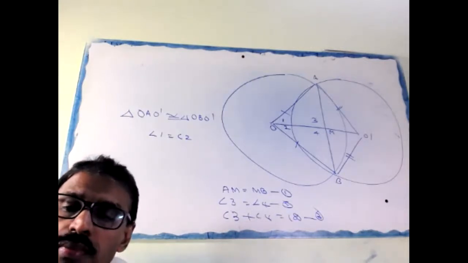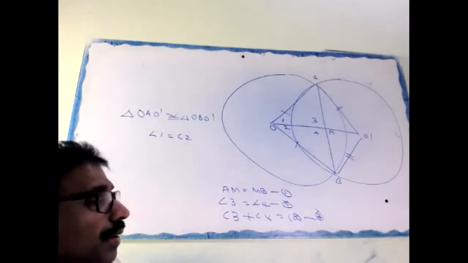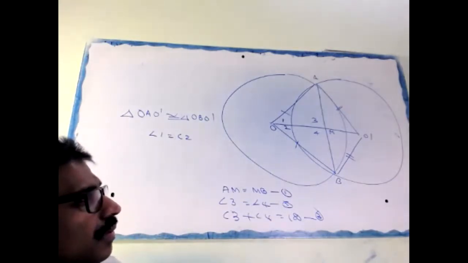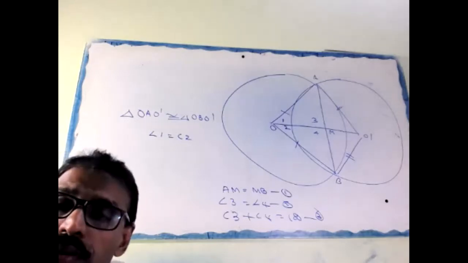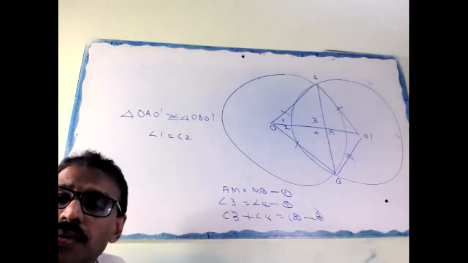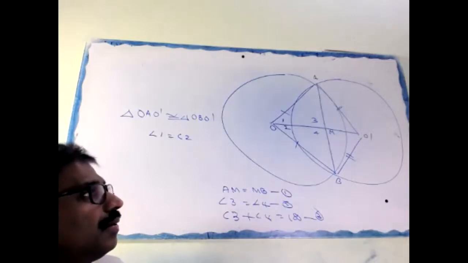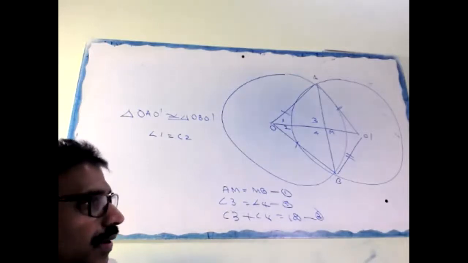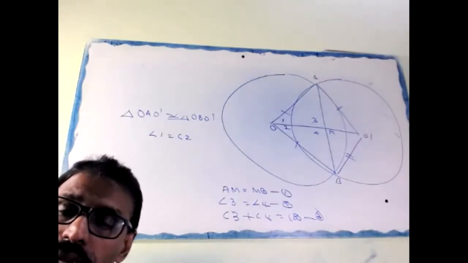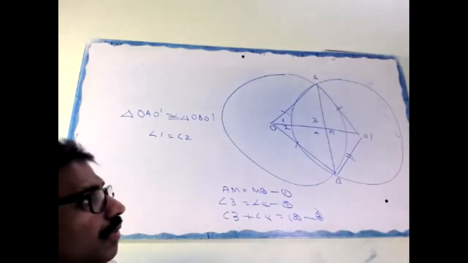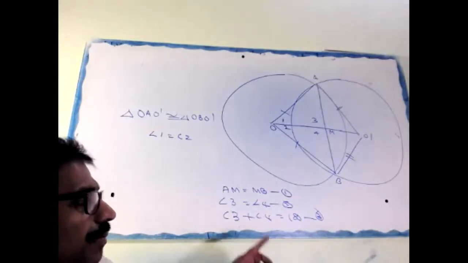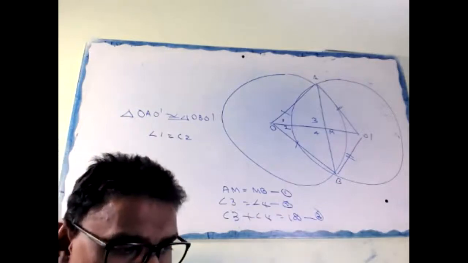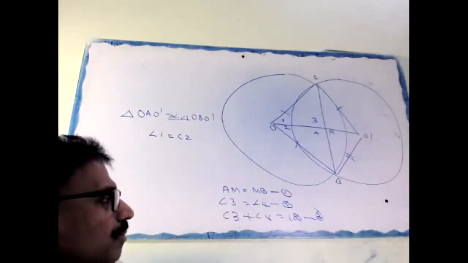Okay. Therefore, triangle AOM is congruent to triangle BOM, SAS congruency. Hence, AM equal to MB, number 1, CPCT.